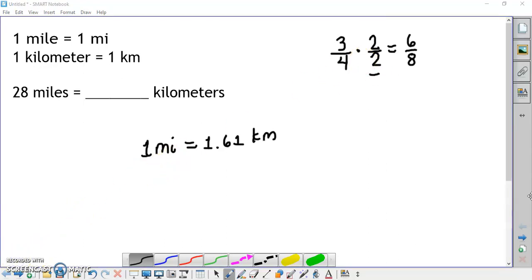Let's take 28 miles and set it over 1 to write it as a fraction. I need to multiply by a conversion factor that is equivalent to 1. If miles is the unit in the numerator, I'm going to put miles in the denominator and kilometers in the numerator.